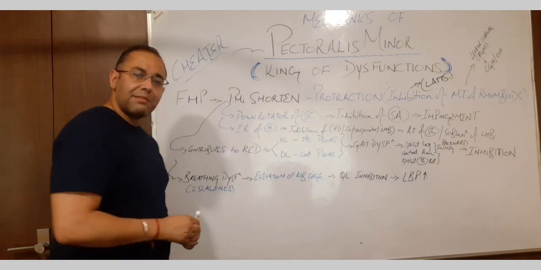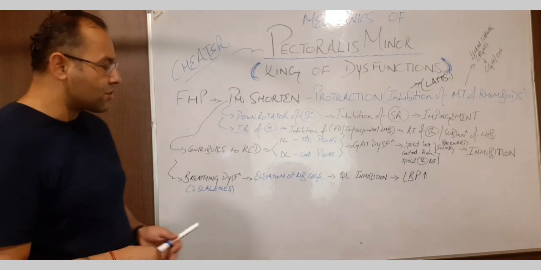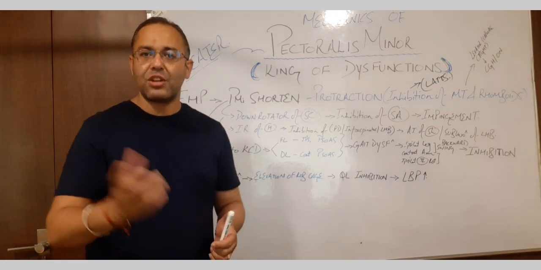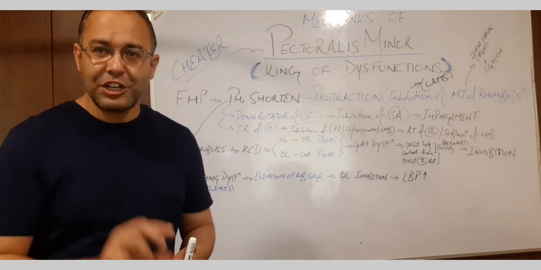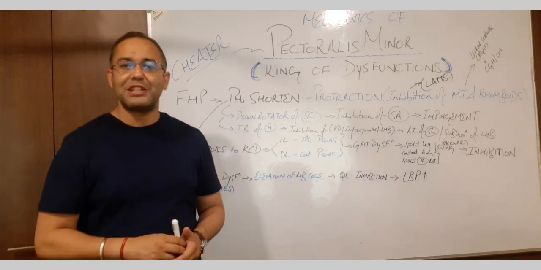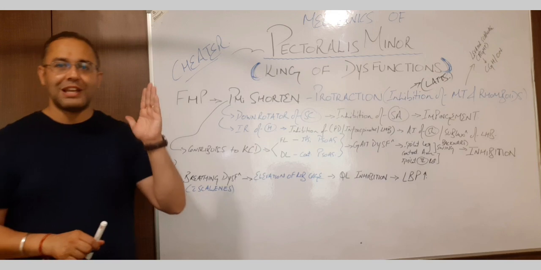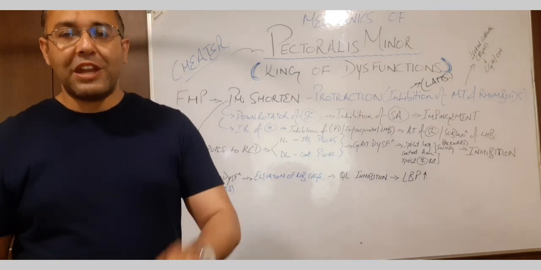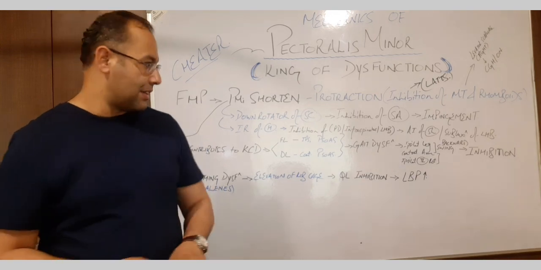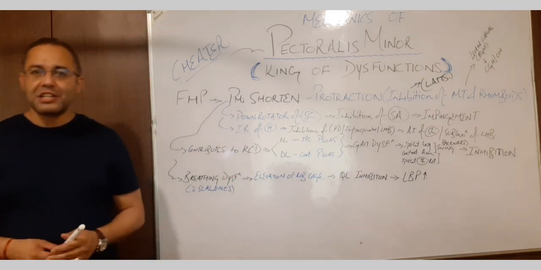If the scalene muscle is also tight along with pec minor, what is going to happen? There will be an elevation of the rib cage. The depression of the rib cage will get reduced, and hence it is going to affect the inspiratory capacity of the lungs, and indirectly it is going to inhibit the quadratus lumborum muscle.